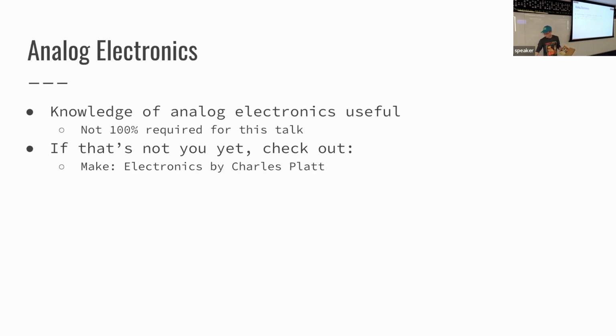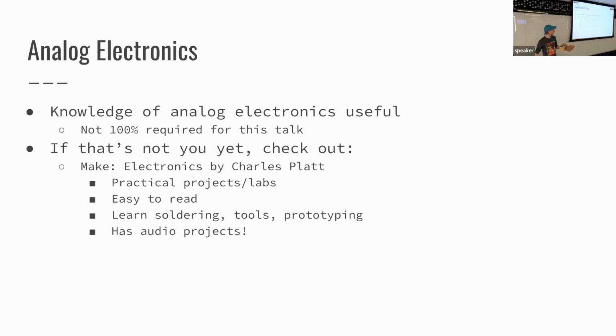And that brings us to where analog electronics fits into all this, because the digital electronics are all sitting on the Daisy, the microcontroller itself, but then there's all this analog stuff around here, and I would say that stuff is not required for this talk. I won't be delving too much into it, but there's this book that I read periodically. I've read it twice now. It's really fun.